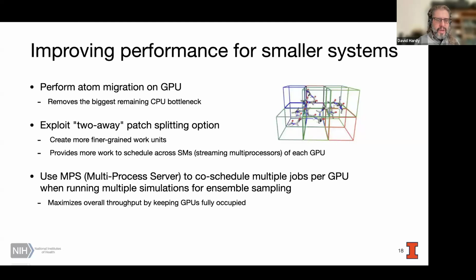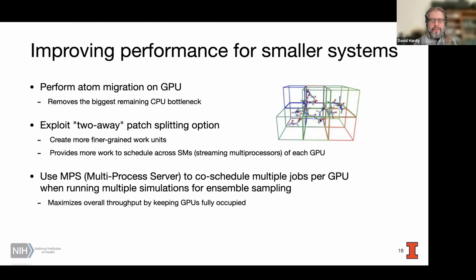We also exploited a feature called two-way patch splitting, which basically takes your patch data structure and slices it in any of the dimensions, but we like to slice along the Z dimension first. And so we can double the number of patches just by slicing each of the patches that are created into two. That creates finer grained work units, and that gives us more work to schedule across the streaming multiprocessors of each GPU.